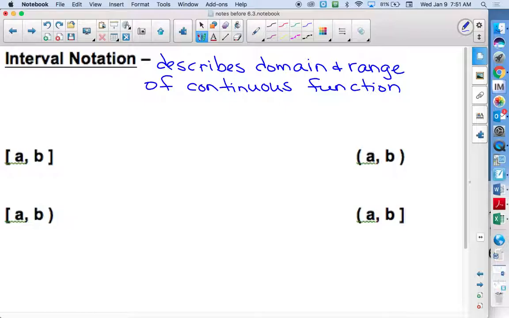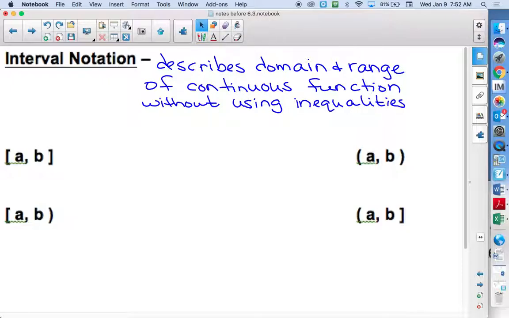We're going to be using this new notation. And there are 4 different options for interval notation. We'll be talking about what each of those means and how to write it in interval notation instead of using inequalities.